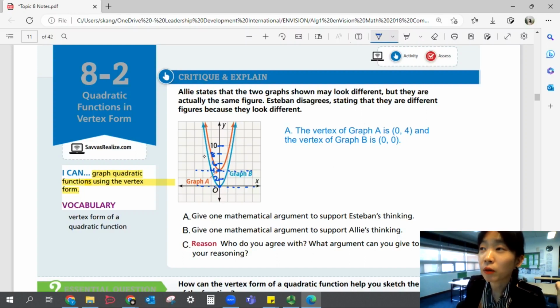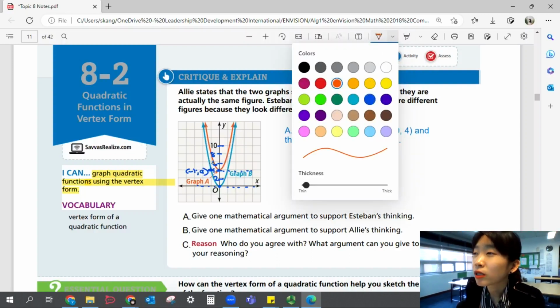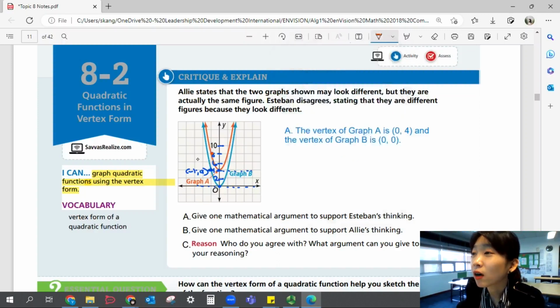Would the other points be the same? So let's look at some points, okay? The points at x equals -1. So graph B has -1, 4. And then graph A looks like it has -1, 8.